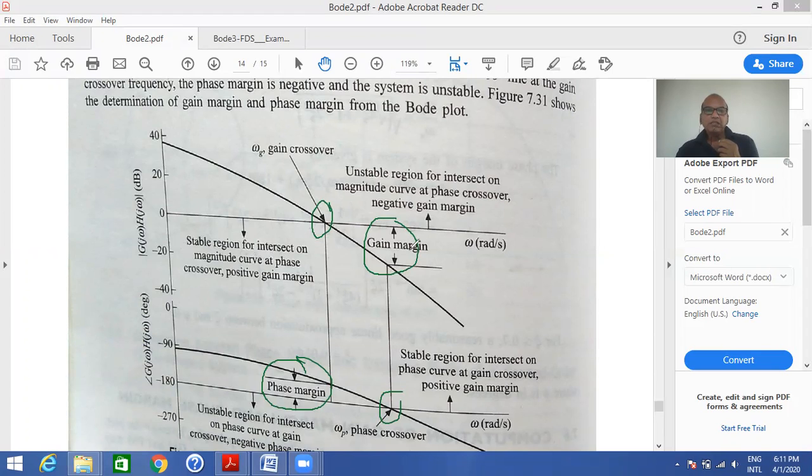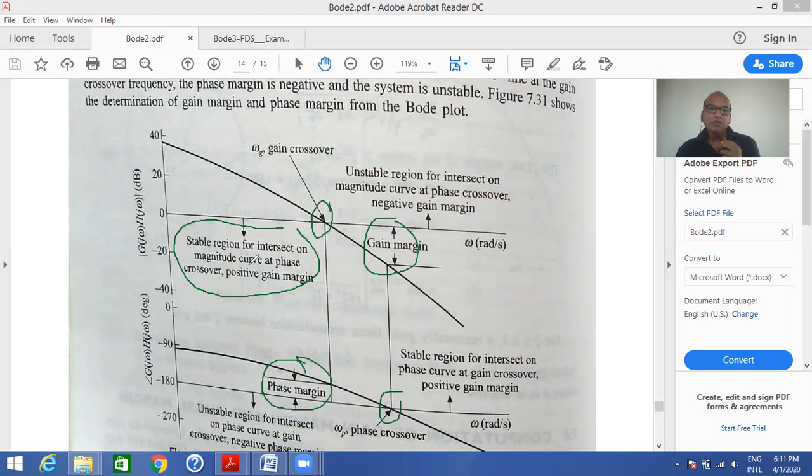If the gain margin and the phase margin are both positive, then the system is said to be stable. If you observe, this is the stable region: the intersection on the magnitude curve at the phase crossover gives a positive gain margin. Here is the positive gain margin. Then the unstable region: the intersection on the magnitude curve at the phase crossover gives a negative gain margin.